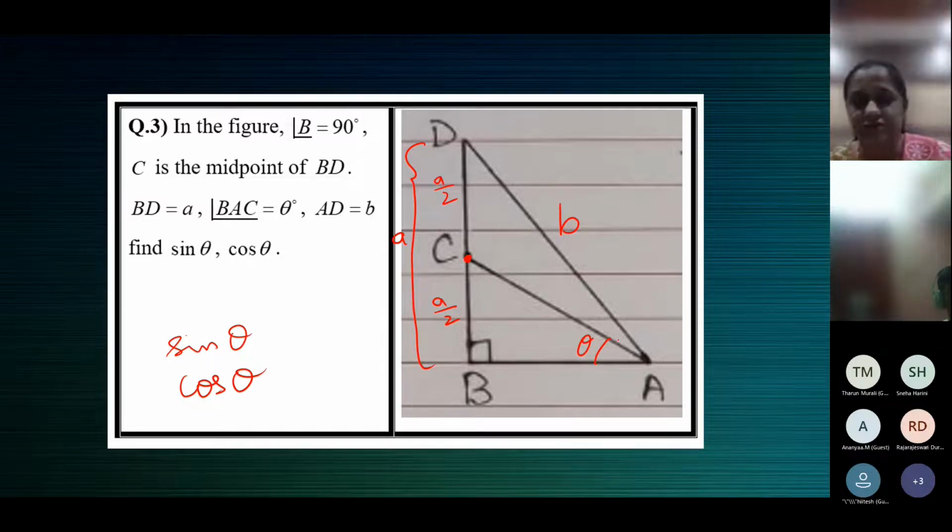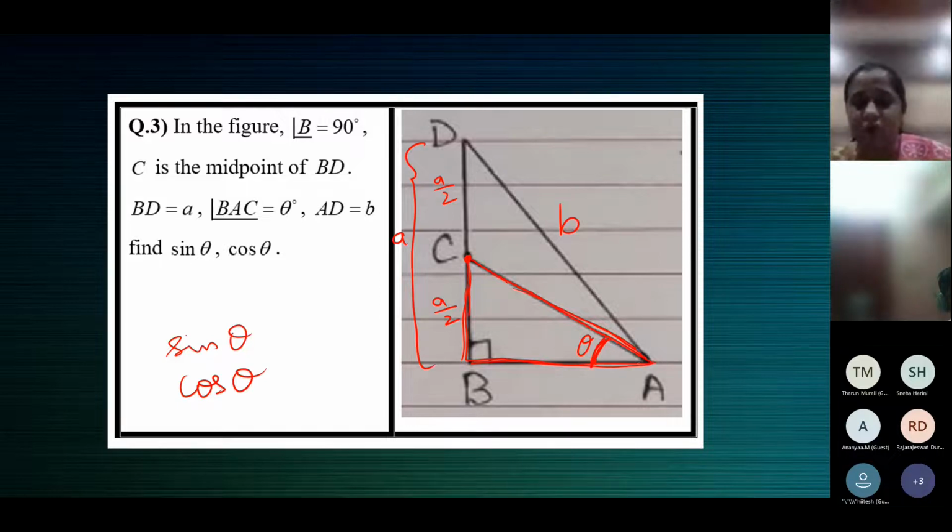Now to find sine theta, theta is an angle in the right triangle ABC. If you have to define trigonometric ratios with respect to an acute angle in this triangle ABC, you need to know the sides of this triangle, meaning the side AB, BC and AC, the hypotenuse AC.